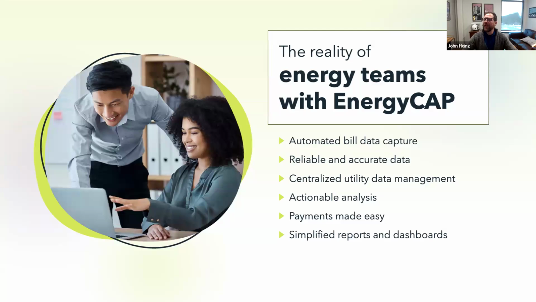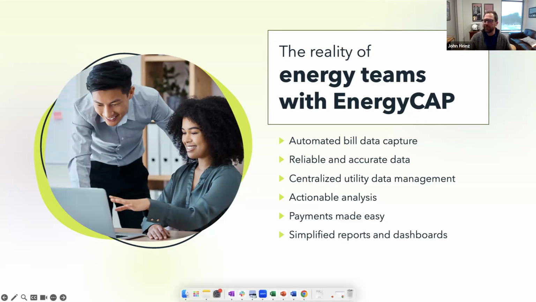So how are we helping teams? Automated collection of data. We have on here bill data. Bill data is one major element. It's a necessary evil. Everybody, whether you're renting or you own a house or you're the energy manager of a manufacturing company or a city government, everyone gets utility bills.